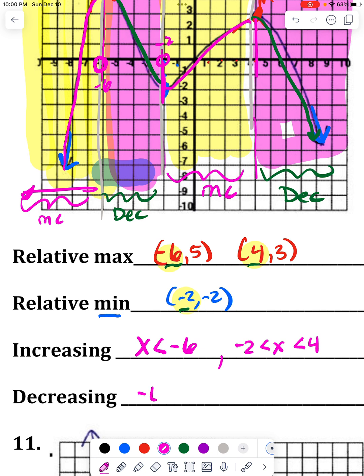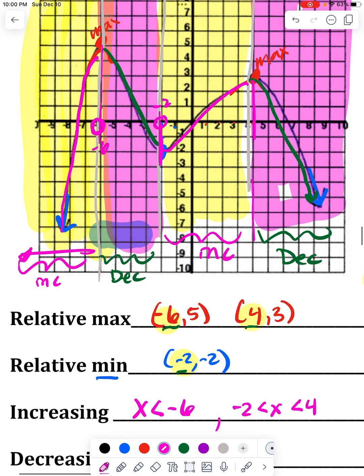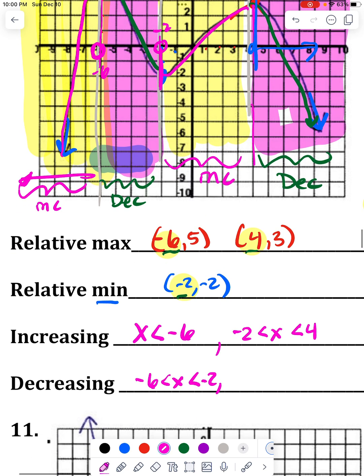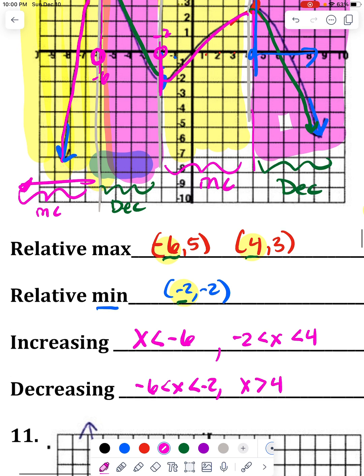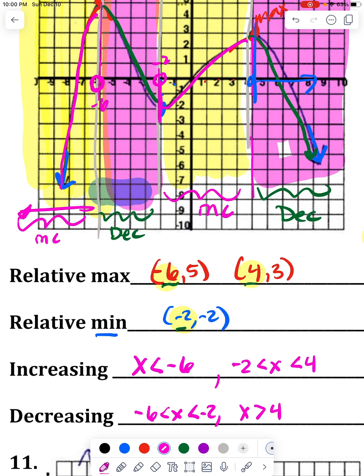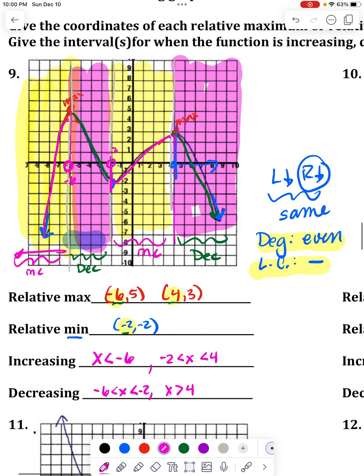So it's in between -6 and -2. And then the other part starts here at 4 and then just goes on forever. From there on out, it looks like it's decreasing. And so I would write x's greater than 4. I'm not using or equal to because it's not really increasing or decreasing at those peaks. It's just changing directions.